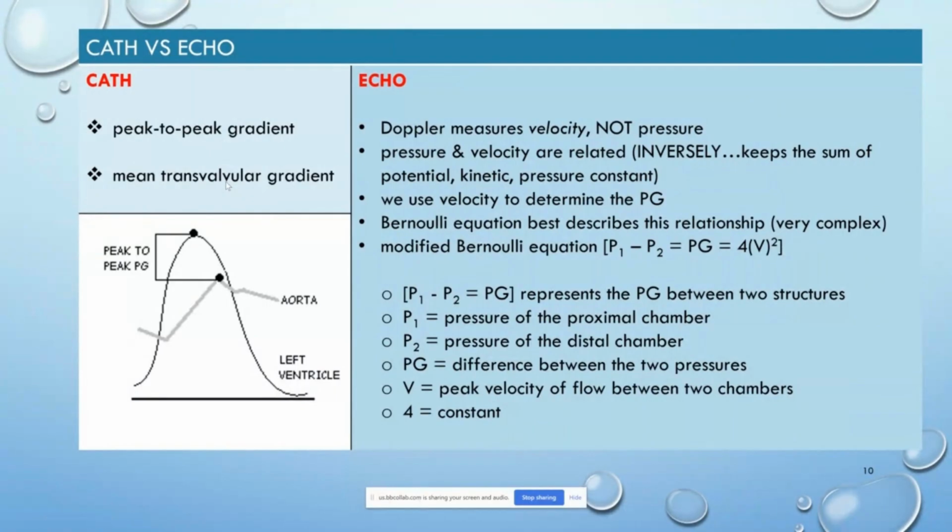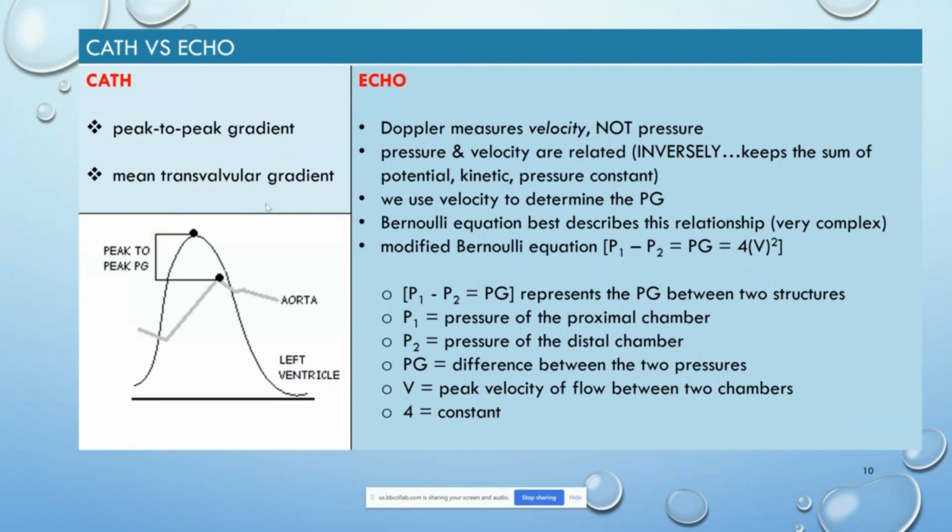So before I get to echo, let me just talk about the pressure gradients for a moment. In order for blood to flow through a vessel across a heart valve, there has to be a type of force that moves that blood. And the force is the difference between one part of the heart and the other part of the heart, like from the atria to the ventricles.